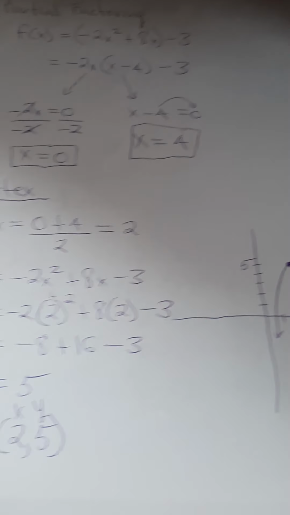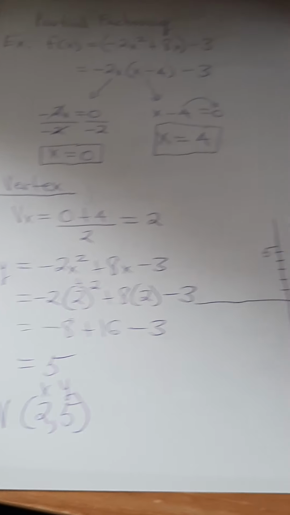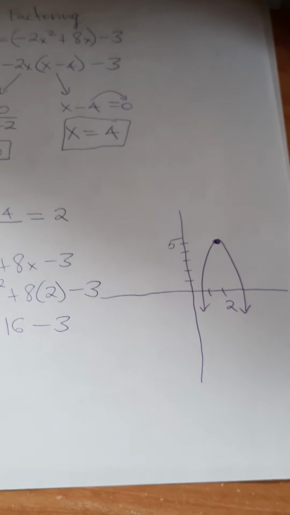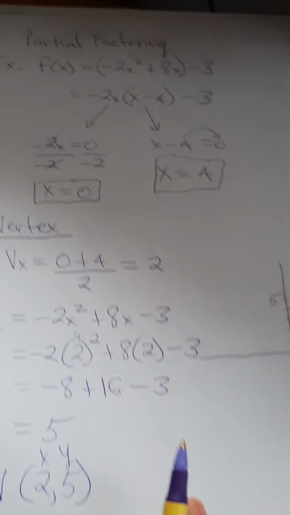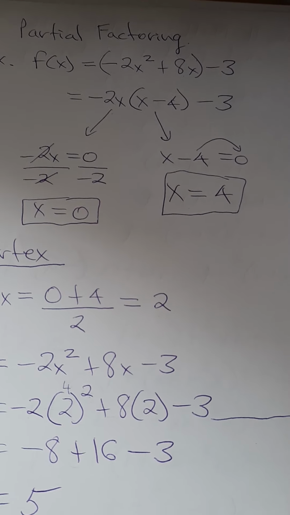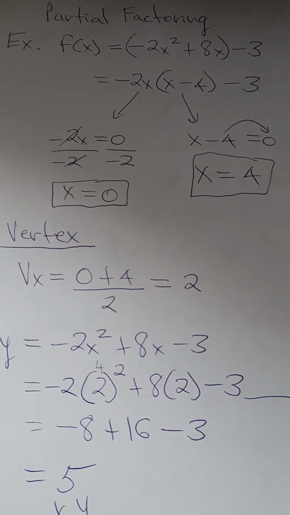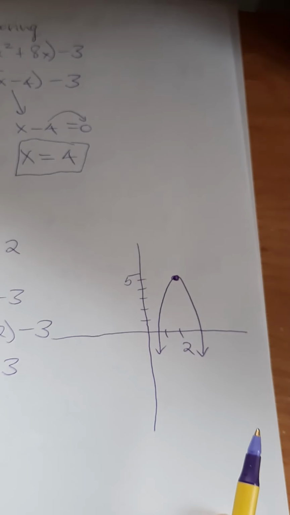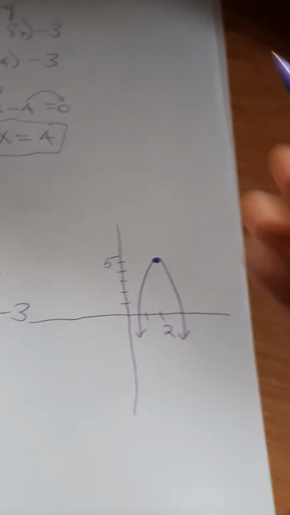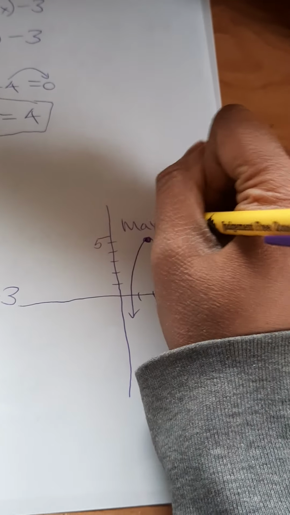okay? And again, I just made it like a sketch over here, just so we can see which way the parabola is opening. Okay, because I do have to determine whether or not the vertex is actually creating a maximum or a minimum. Okay, so anytime you do have the parabola opening downwards like this, this is going to be a maximum.